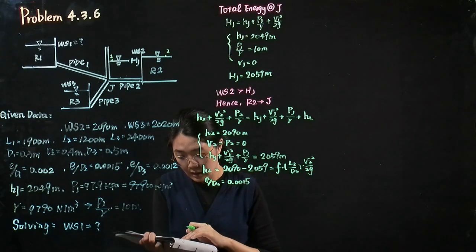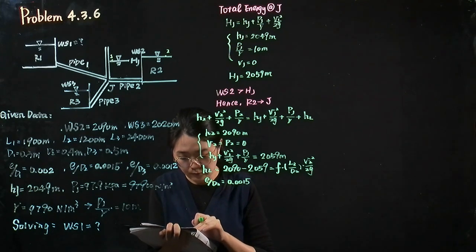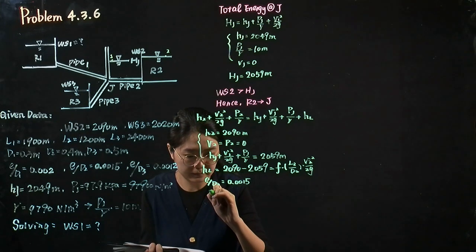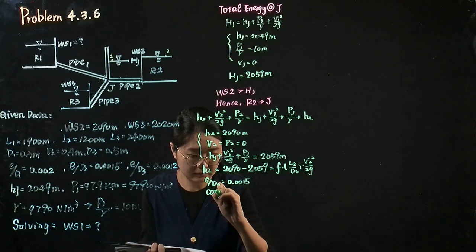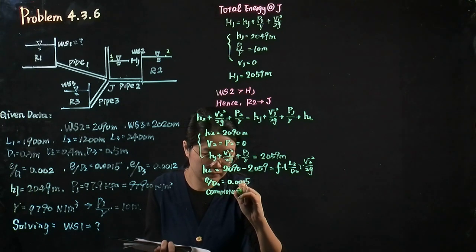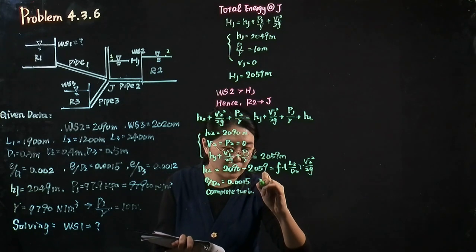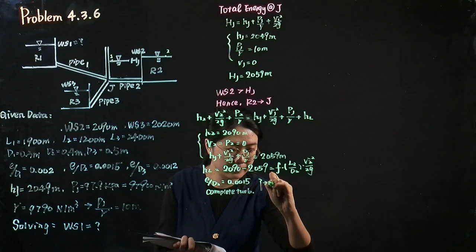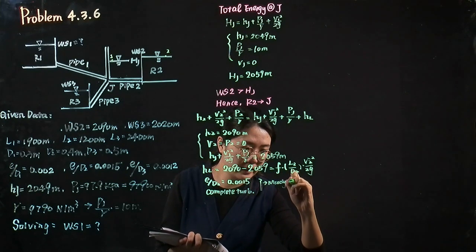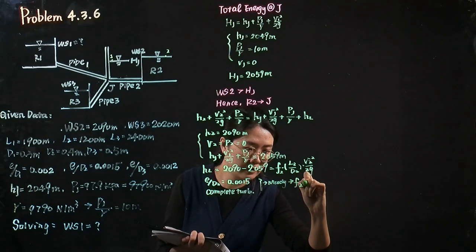And because in this problem it told us to assume the flow in the pipe is complete turbulence, according to the Moody diagram, we can get the friction factor.